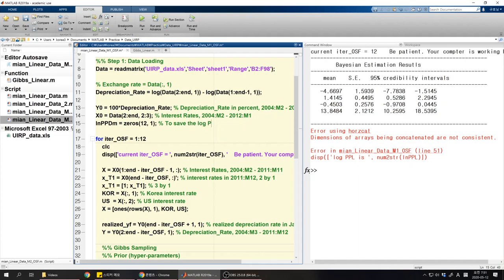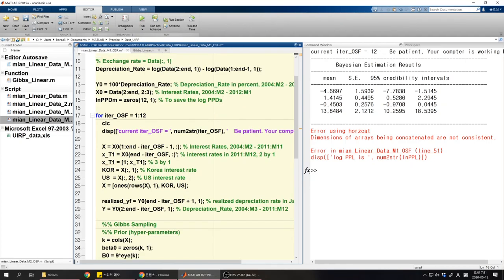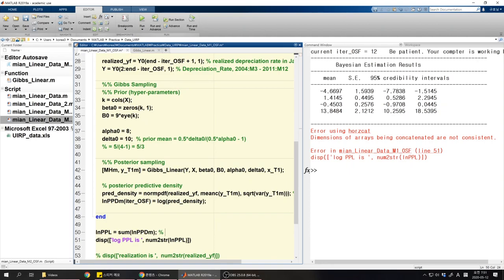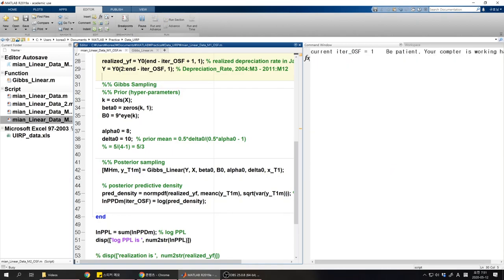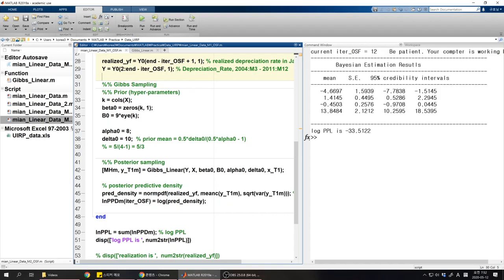Log ppds. Okay, here this is log ppl. Right? Yes, log ppl is minus 335122 here, right? Of course, yeah.